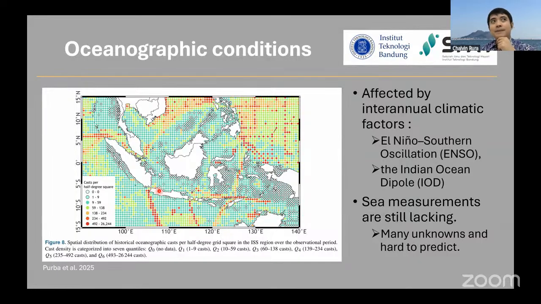Even though we are experiencing dry season, I think yesterday we had rain. A few days we had rain. So it becomes very unpredictable. And the climate change situation also increases this unpredictability in weather.